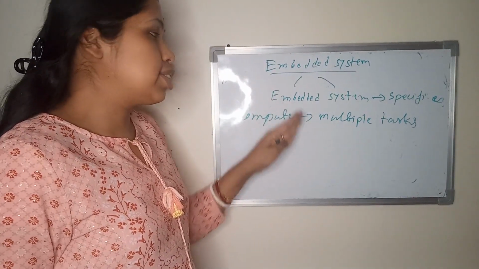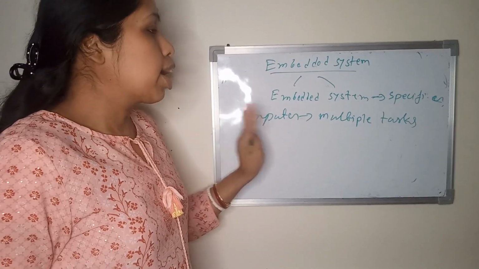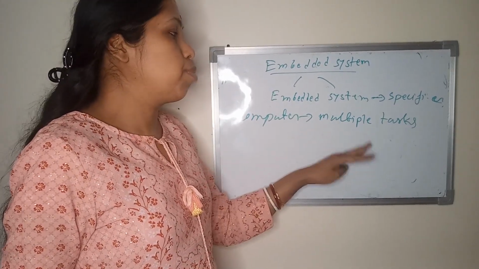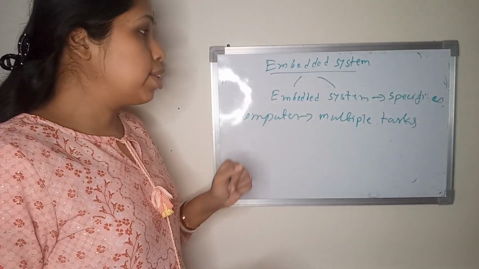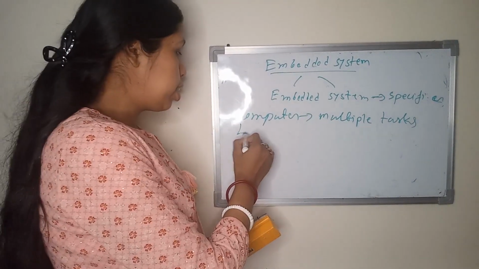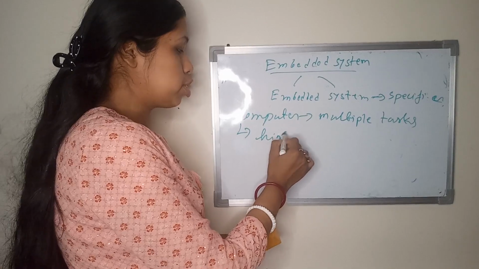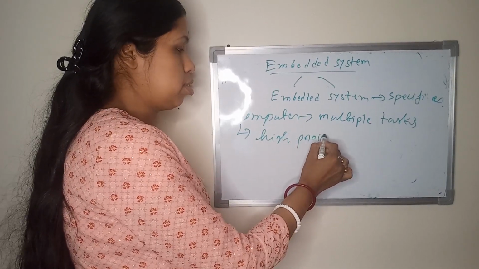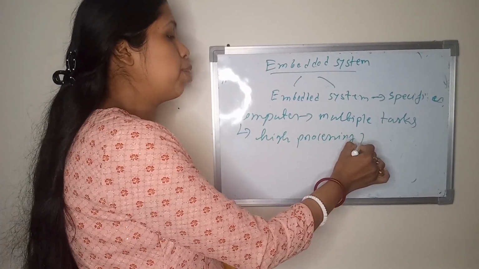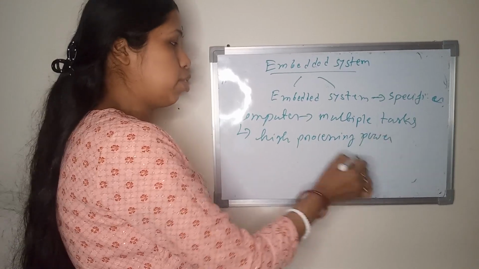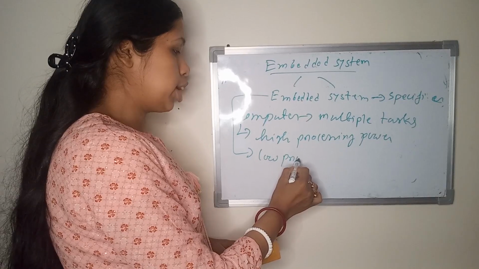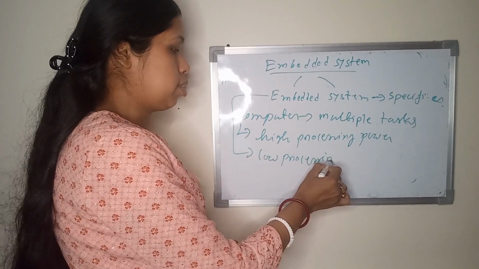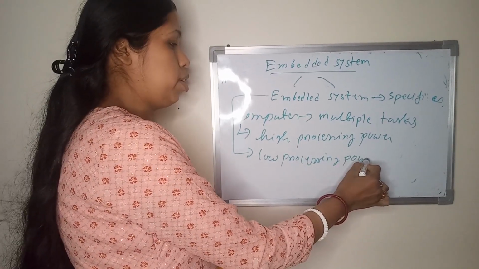Both are systems, but the computer has the capability to perform multiple tasks, while the embedded system has only one capability. Another main difference is that a computer requires high processing power, but an embedded system needs low processing power.